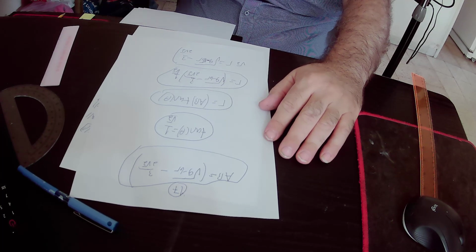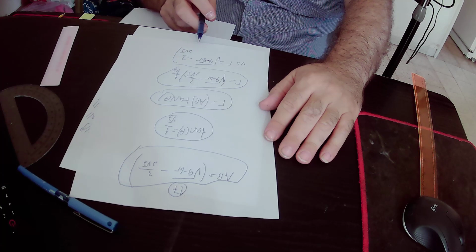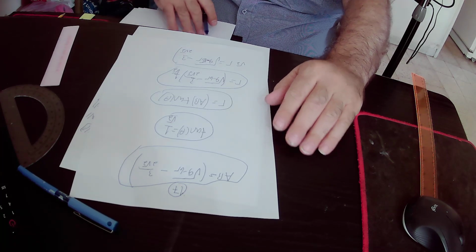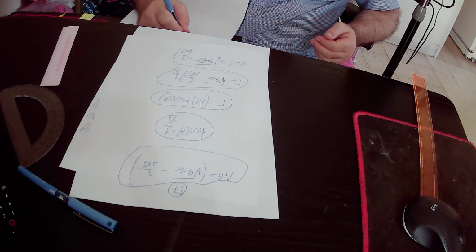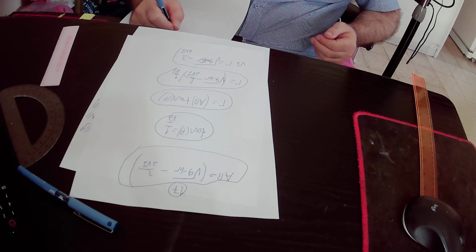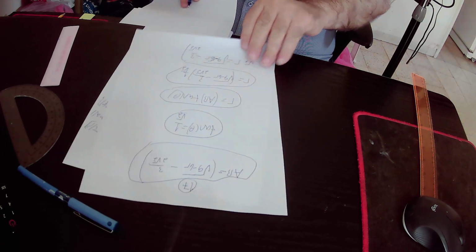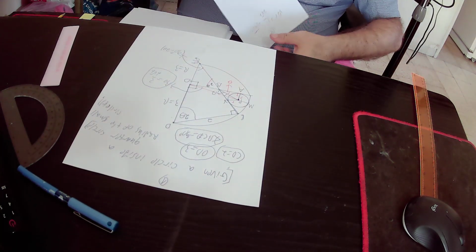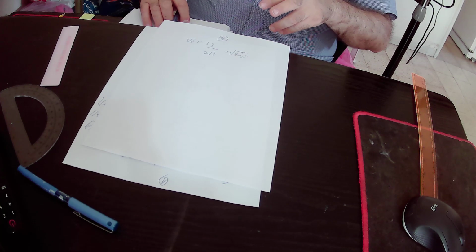Then we add 3 over 2 times root 2 to this equality, and we will get that root 2 times R plus 3 over 2 times root 2 equals the root of 9 minus 6R.